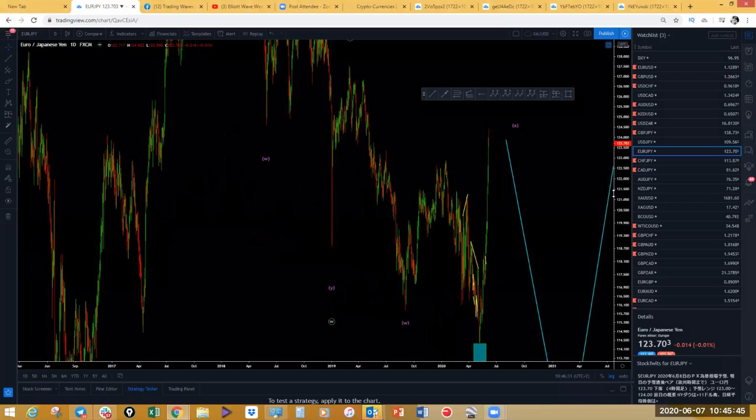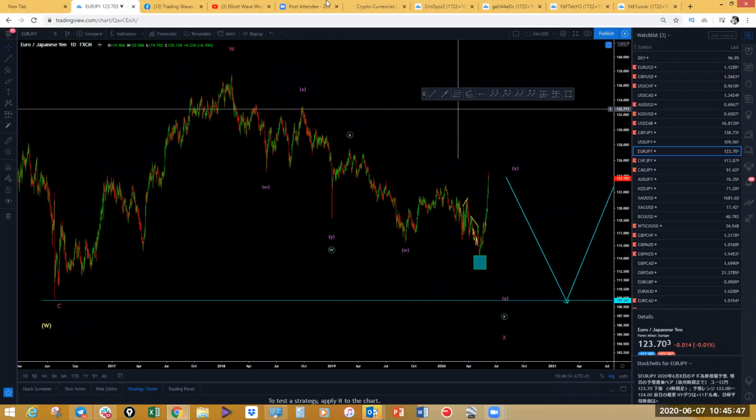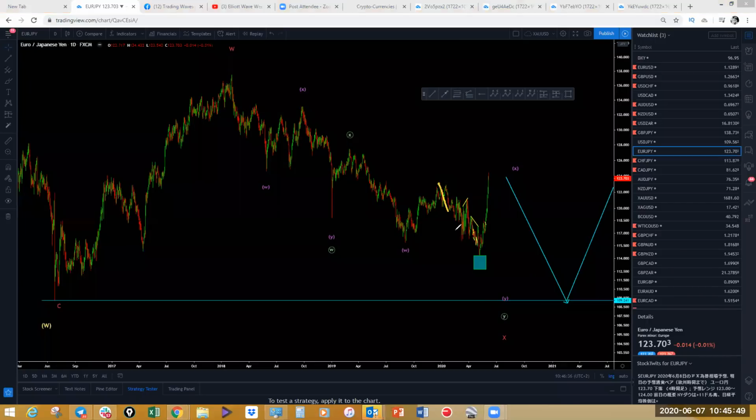This is the structure that I was looking for.